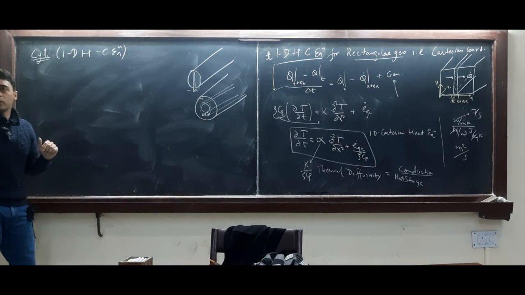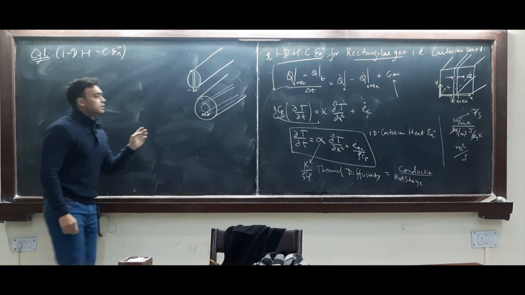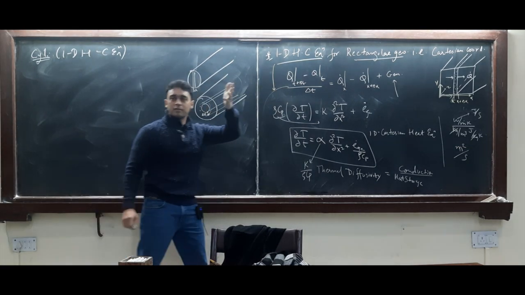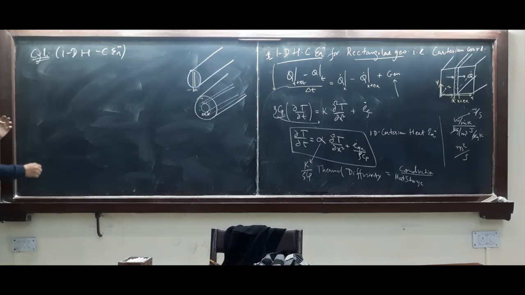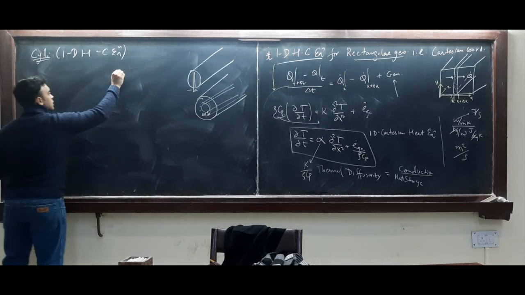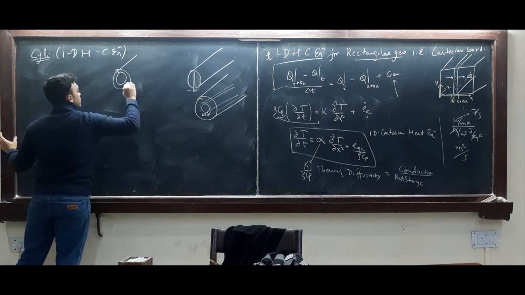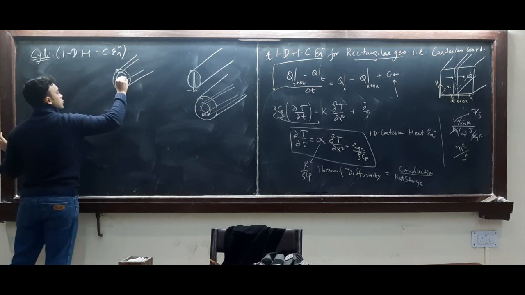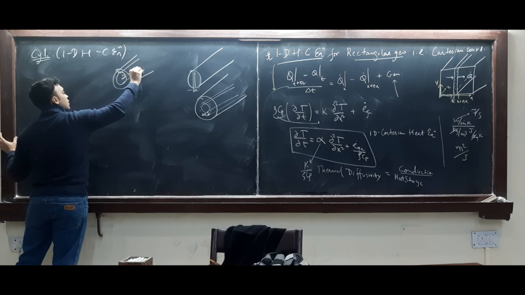So please tell me how do I write these equations? First, we'll apply conservation of energy like before. So you have this cylindrical element. There is heat in and then there is heat out.